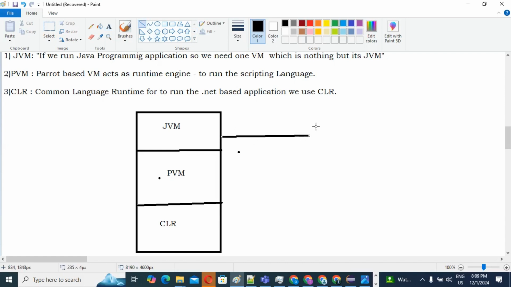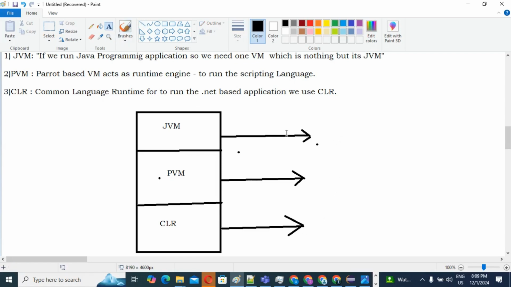The JVM is a runtime engine for our Java based application. PVM is the one through which we can run our scripting language. CLR is also a runtime engine, due to which we can run our .NET application.